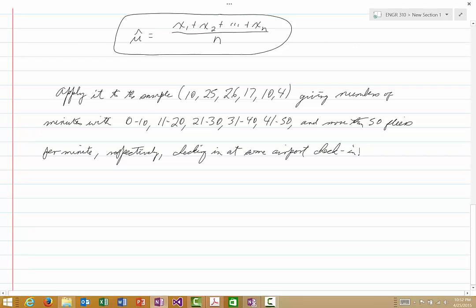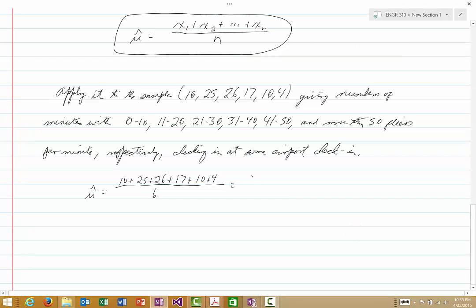So the sample is right here. These are our x1, x2, x3, x4, x5, and x6. And so therefore mu hat is 10 plus 25 plus 26 plus 17 plus 10 plus 4 over n, which is the number of samples that we have, which in this case is 6.